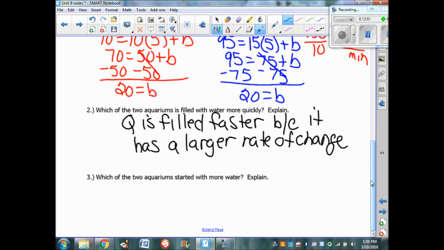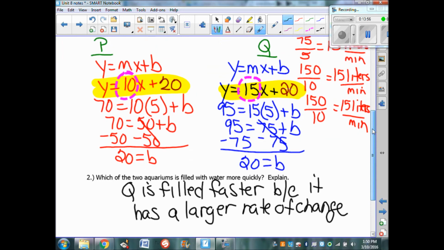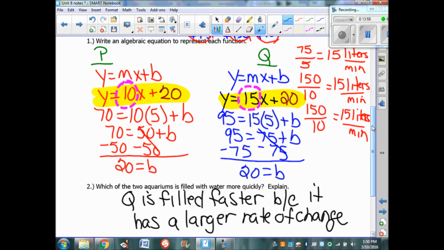And then which of the two aquariums started with more water? So the starting point, the y-intercept. Look at this. Starting point for Q is 20, and the starting point for P is 20. So they're equal.